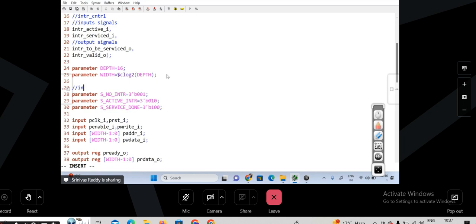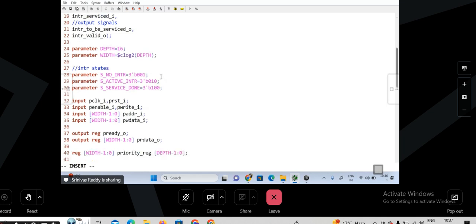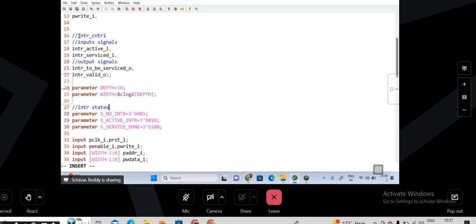Same clock I can use, right? For both processes, memory modeling, priority register modeling, and then handling the interrupts. Same clock. Always at the positive edge of the clock. Now what do I need to do here?